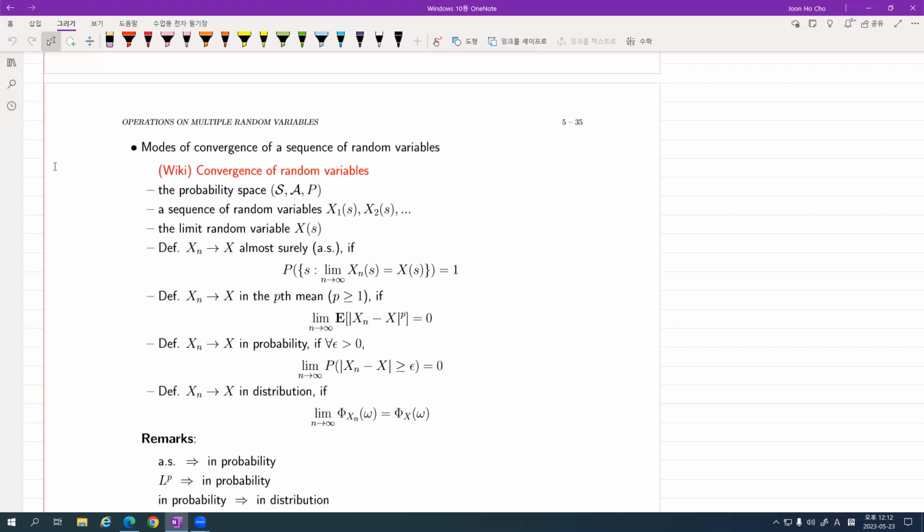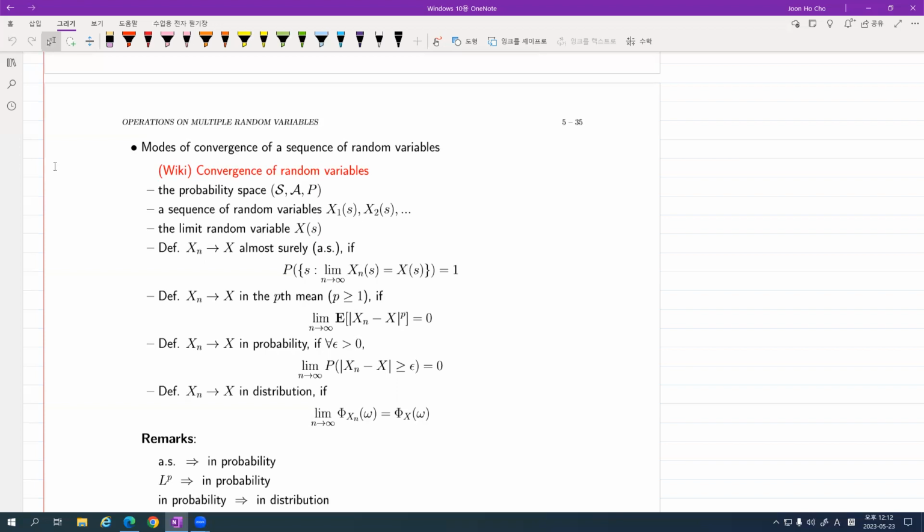A similar definition is convergence in probability, where the limit is outside the probability. So actually, you have a sequence of probabilities. For each positive epsilon, you have a sequence. So you have how many? An uncountably infinite number of sequences converging to 0. So they are different. In the p-th mean, it's very simple because you use expectation. What about the distribution?